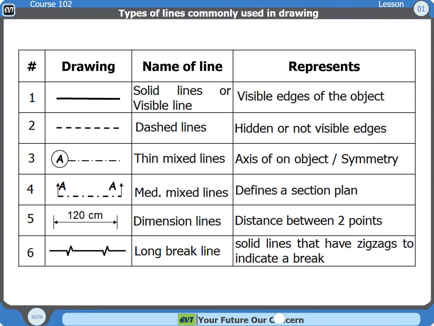Sometimes we cannot properly draw the object on one sheet, so we draw one part of the object on one sheet of paper with a break line on the drawing and continue the rest of that object on another sheet. So more or less almost all different types of lines are covered here, and I just hope that you understand these different types of lines.